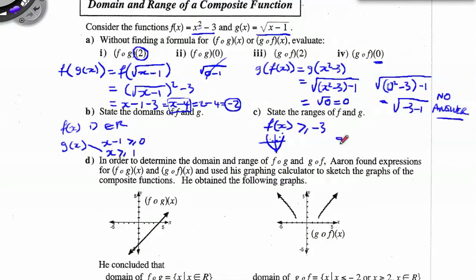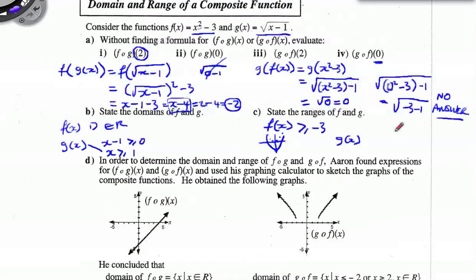What about g of x? Well, remember what square root functions look like. This whole thing has got to be a square root, because this is a positive number under here, the square root has also got to be positive.